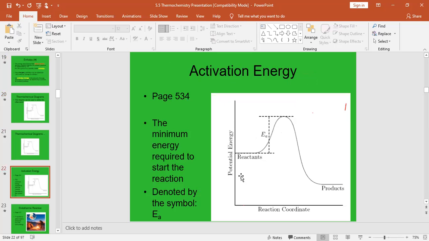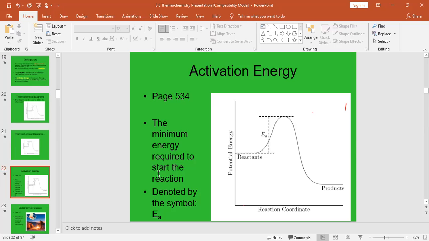Now, when you look at this, we are saying that the minimum energy required to start the reaction is denoted by EA, which we call the activation energy. This is the energy rise. For this reaction to occur, you must supply some small energy. I've told you, for example, if you want charcoal for cooking, there is no way you're just going to put charcoal and then charcoal starts producing heat.